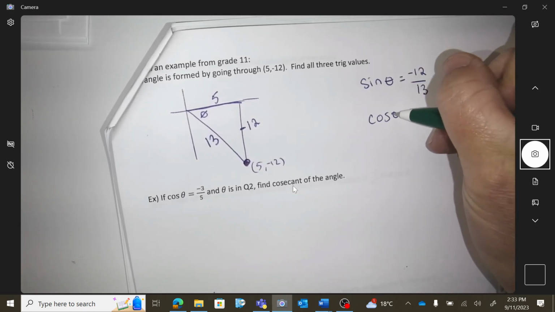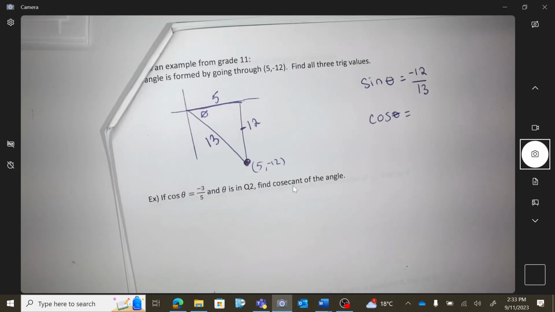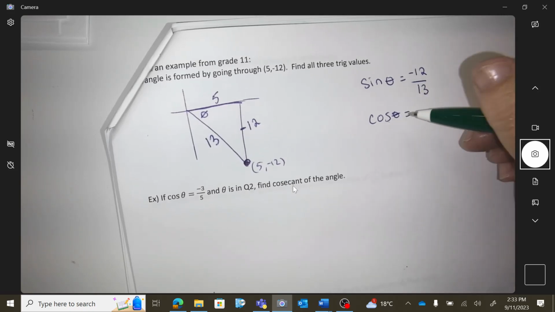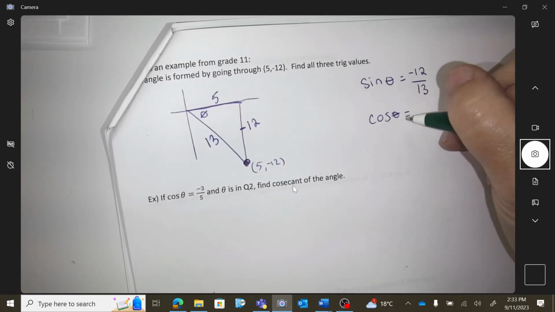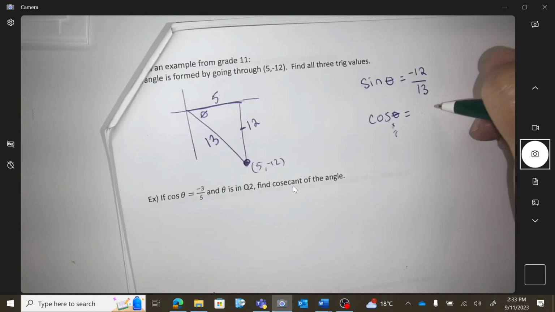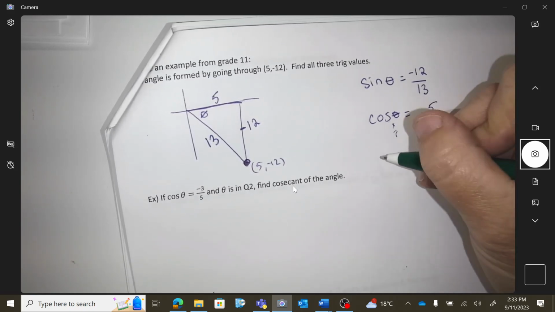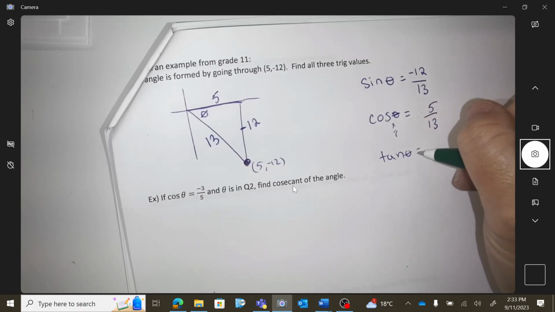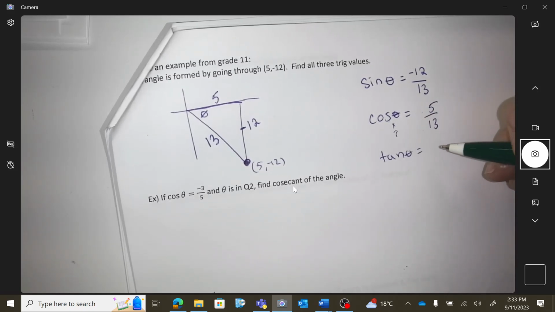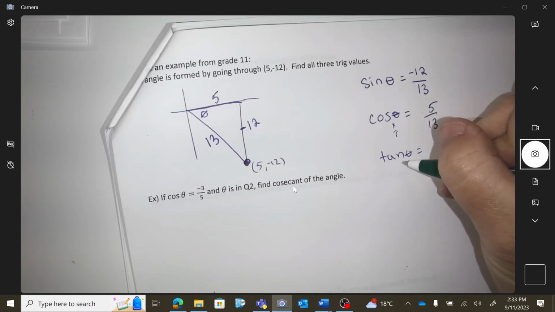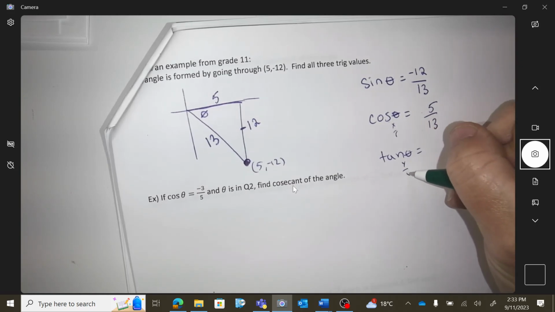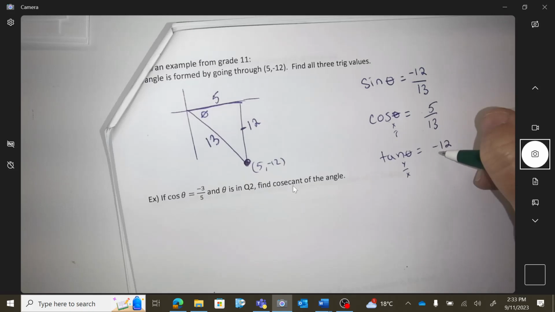Cos of this angle is cute, x-rated, so 5 over 13. And tan of this angle is, thank you, excellent, so negative 12 over 5.